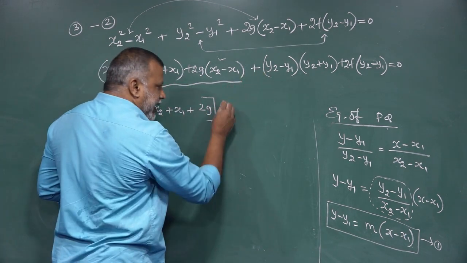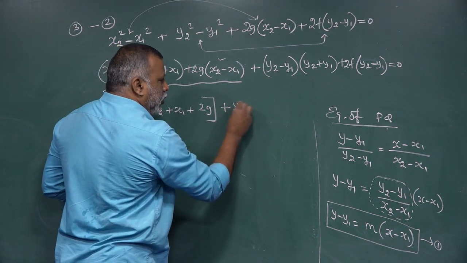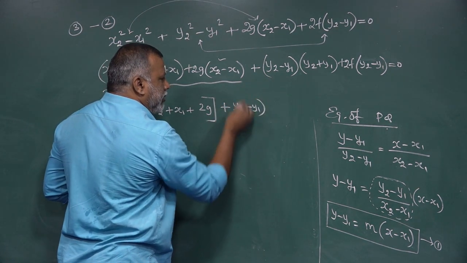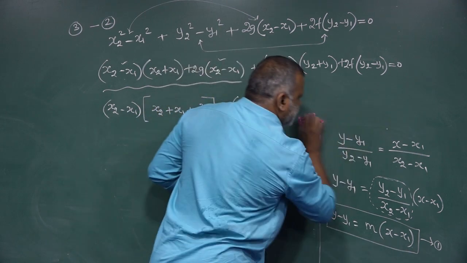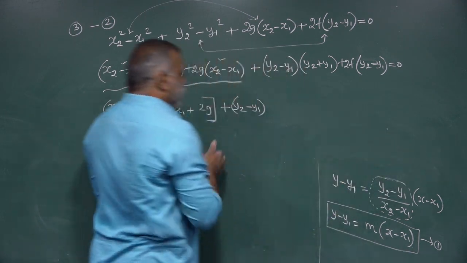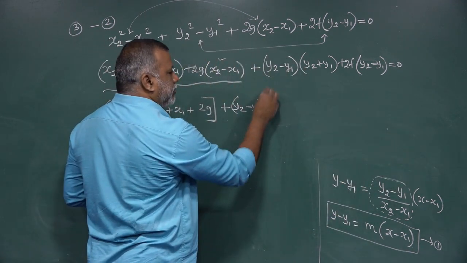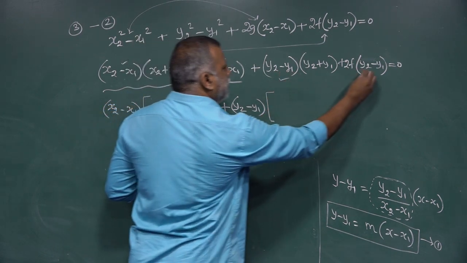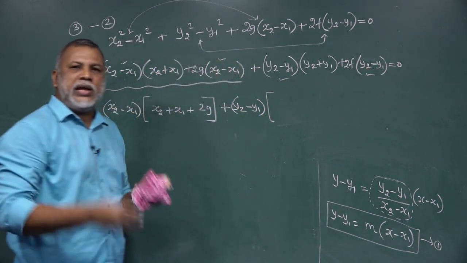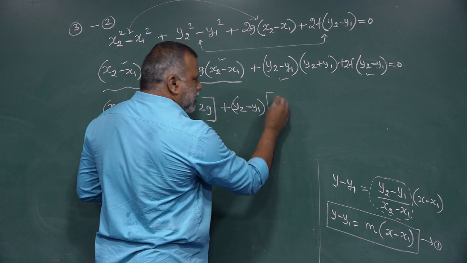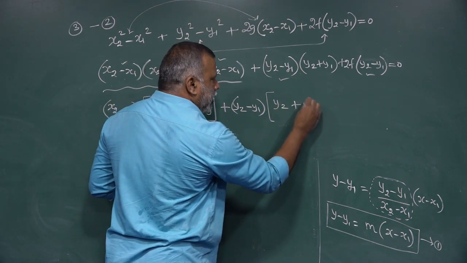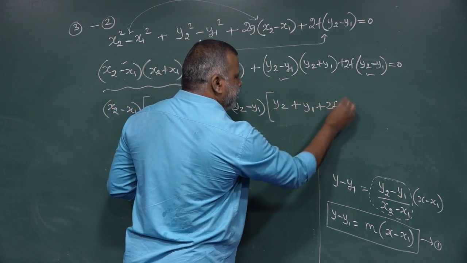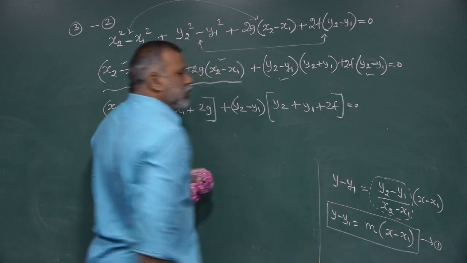In the same way here, I am taking y2 minus y1 as common. The remaining is y2 plus y1 plus 2f equal to 0.